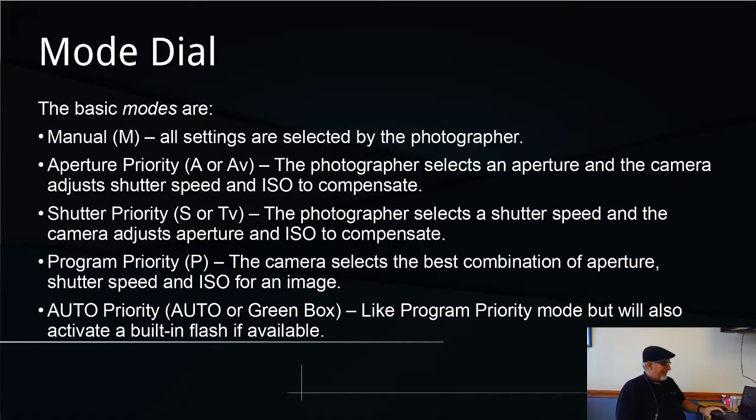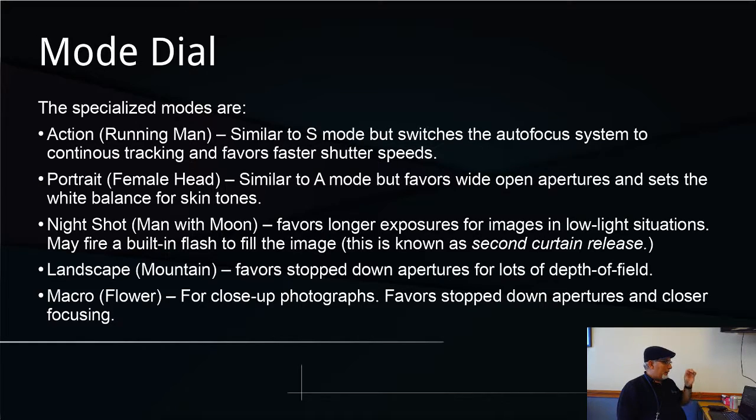So anyway, now the mode dial also has some additional modes which are specialized, and these specialized modes are action mode, which usually has a little picture of a running man, okay, which is similar to S mode, where you set a shutter speed, but it switches the autofocus system to continuous tracking and favors faster shutter speeds.